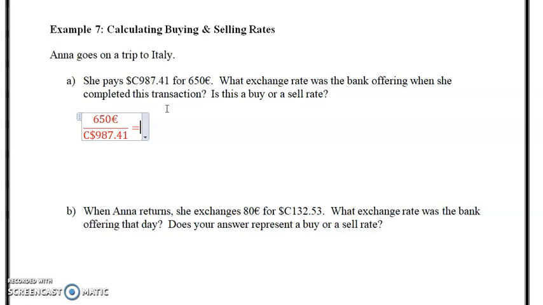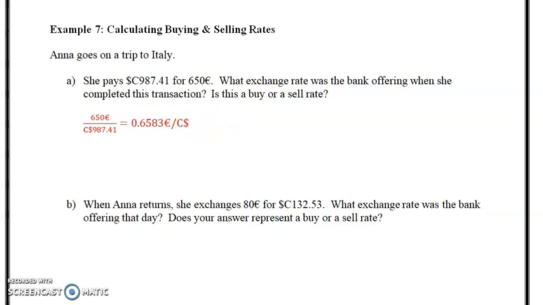So the exchange rate: on the calculator, 650 divided by 987.41, and we get 0.6582828, so I'll round that up to 0.6583, going 4 places after the decimal. That's how many euros per Canadian dollar.